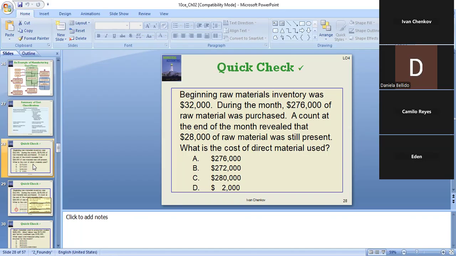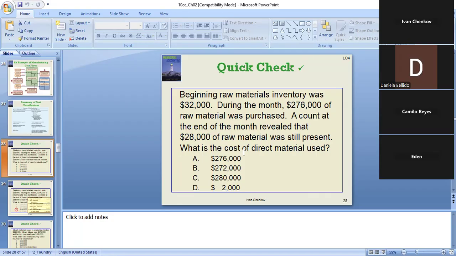First one, beginning raw material. Now let's get the cost of goods sold here. That's the objective here. But let's start with the raw material. Raw material inventory was 32,000. During the month, 276 raw material were purchased. At the end of the month, we found out that we have 28,000.